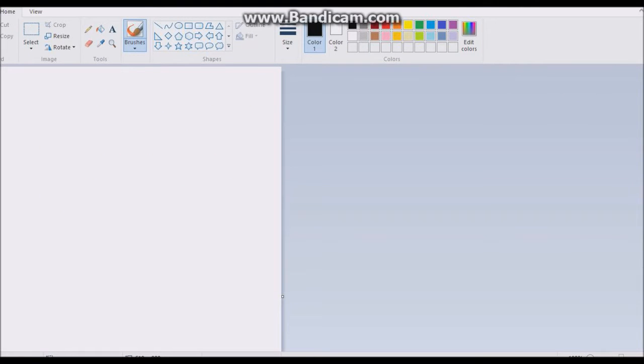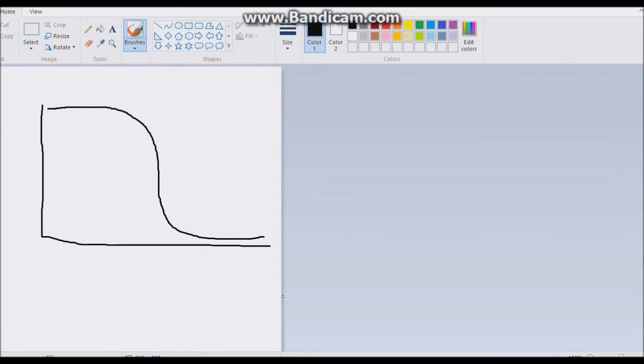For titrations, let me open Paint so you can see better. Usually on a titration curve, the equivalence point is in the middle point.